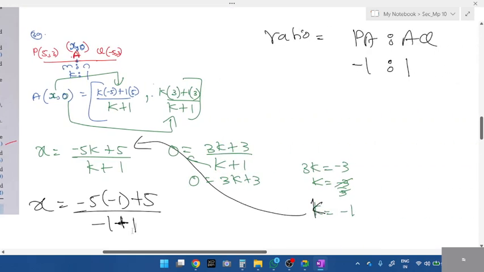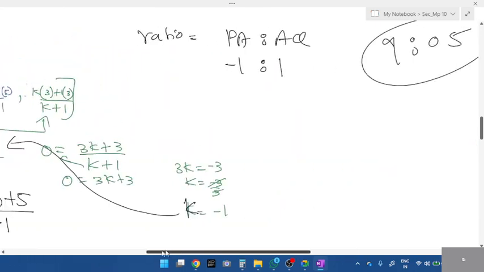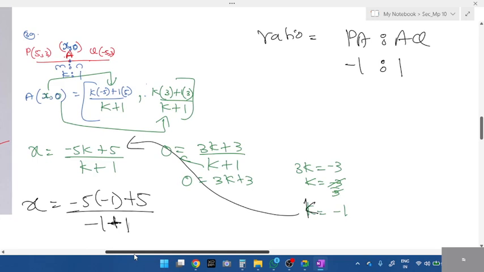30th question. This was 2020. Okay, the question here, it was a printing mistake, students.